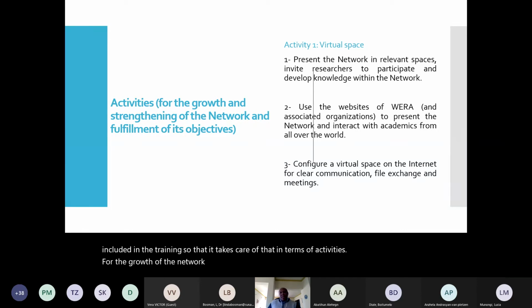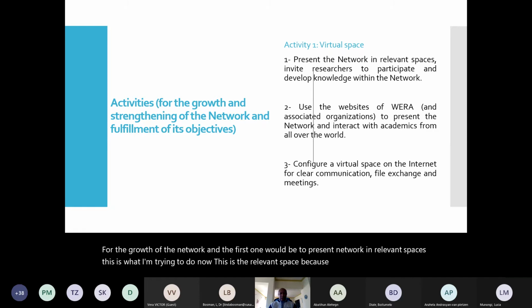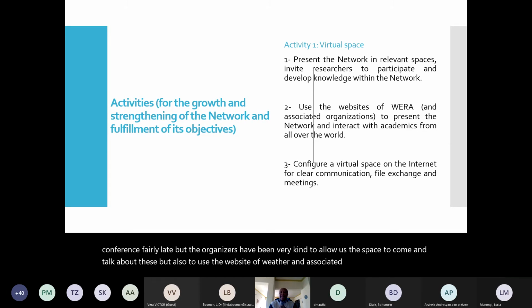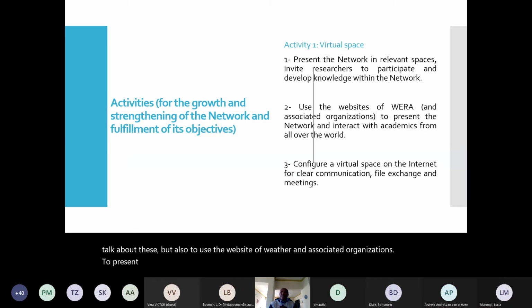In terms of activities for the growth of the network, the first one will be to present the network in relevant spaces. This is what I'm trying to do now. This is the relevant space because I caught wind of the conference fairly late, but the organizers have been very kind to allow us the space to come and talk about these, but also to use the website of Vera and associated organizations to present the network and interact with academics from all over the world.